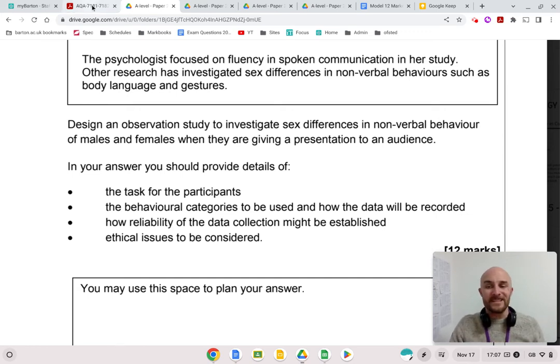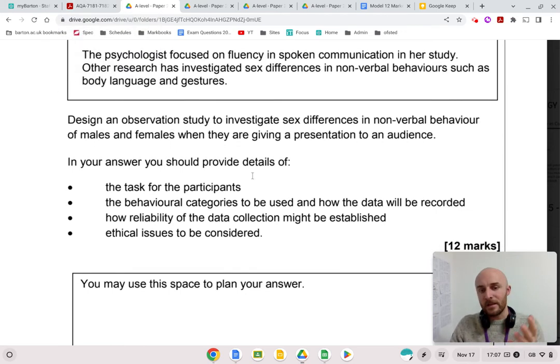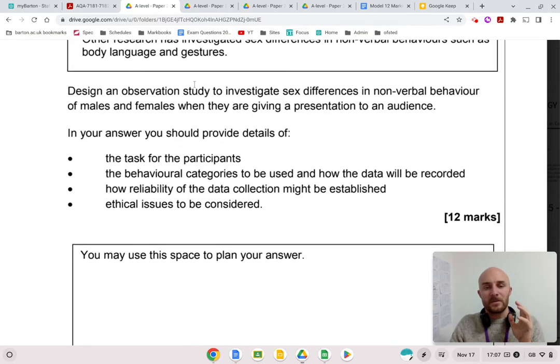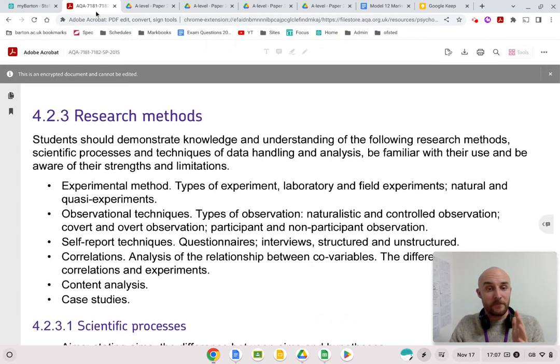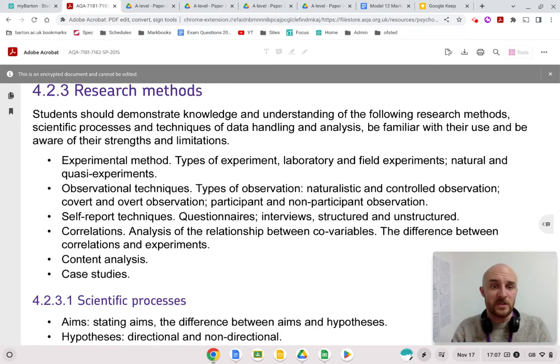So you have 6, and obviously you get 12 marks to do that, but you've got 6 potential research methods that can pop up. So it's a designer study question, but they may ask you to design an experiment, an observation, a self-report, a correlation, and if you're really unlucky, content analysis or case studies.